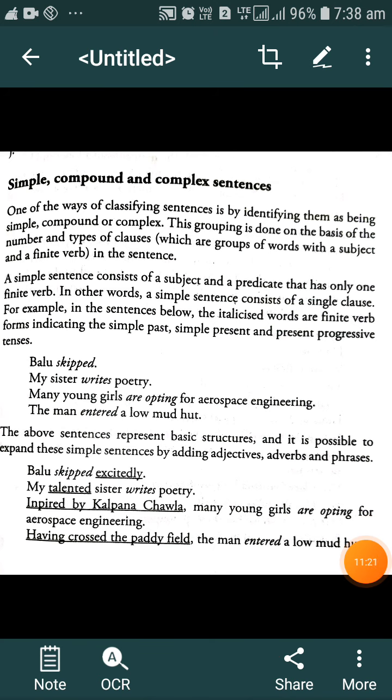Then you might have understood one thing, that in a simple sentence there is only the basic structure. We can expand that basic structure by adding adverbs, adjectives, and phrases. We can make those phrases by adding infinite verbs and phrasal verbs. Okay.